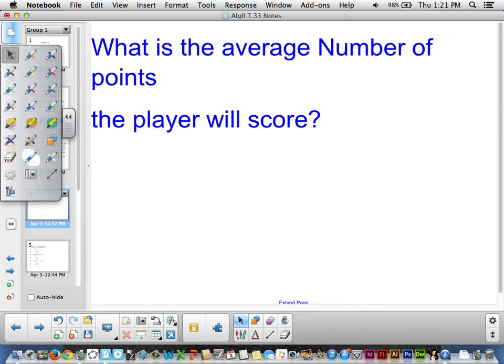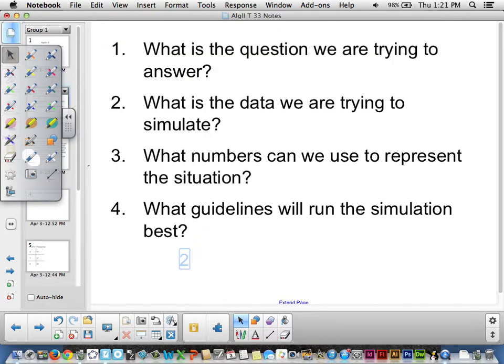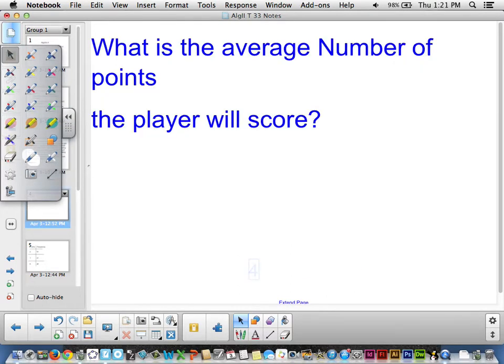All right. What is the data we're trying to simulate? We're trying to simulate a player shooting 72% from the line.